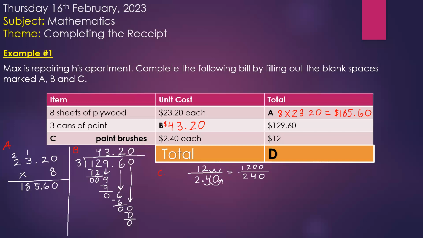All I did was move the decimal place twice, and whatever I do to the bottom, I must do to the top. It was here, I moved it twice, so at the top I'll have 1,200 and at the bottom I'll have 240.